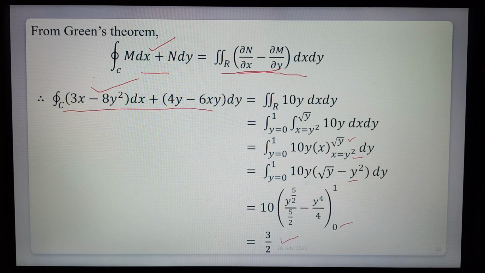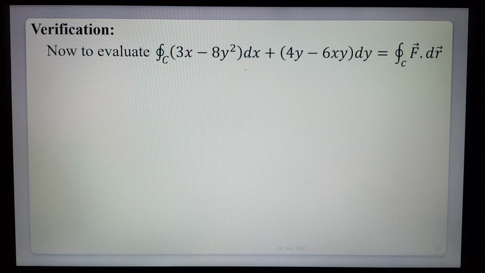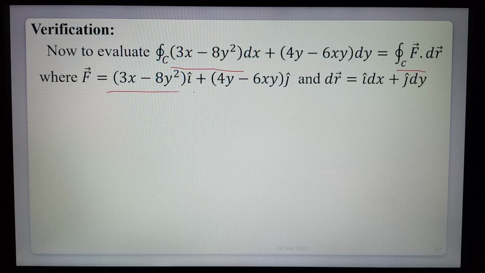Now verification: let the given line integration over C be f bar dot dr bar, where f bar is this vector and dr bar is this one.